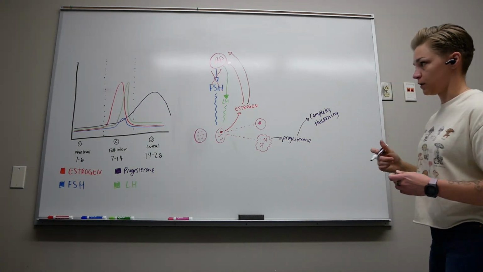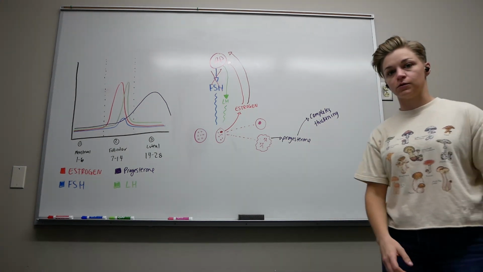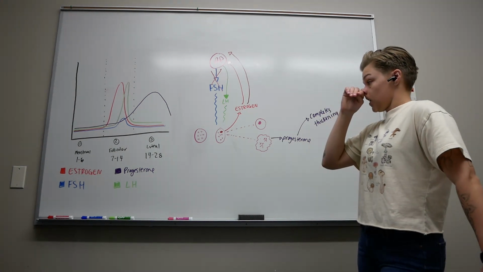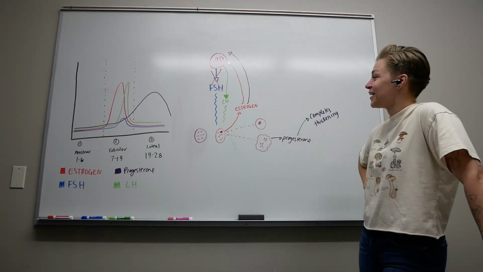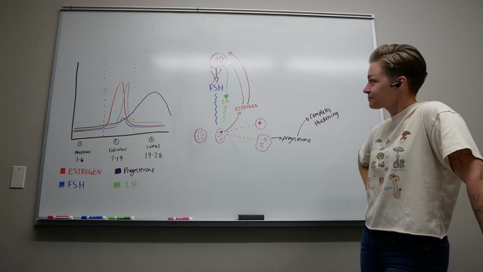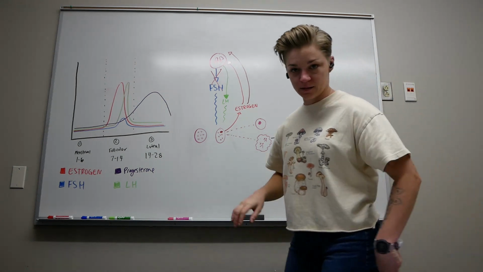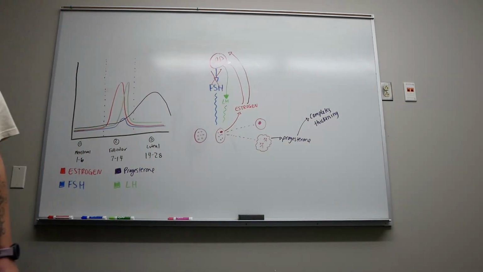So that's the way that I was able to understand this, somewhat. I hope I remember this. But yeah, that is the hormones, what they do, and how and when they're secreted.